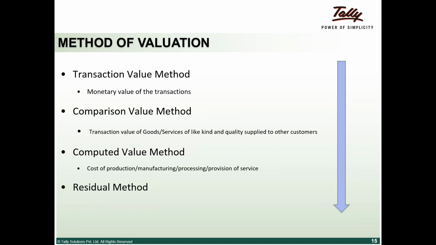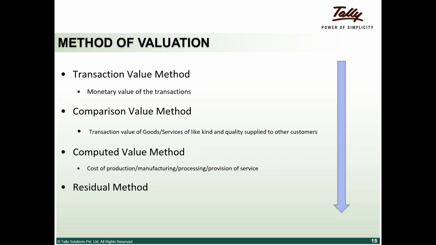As I told you, there are methods of valuation. First preferred method is the transaction value. I explained to you the transaction value is the monetary value of the transaction. If that is not possible, then the second best method is comparison value. Comparison value is basically goods or services of like kind and quality supplied to other, third party customers.